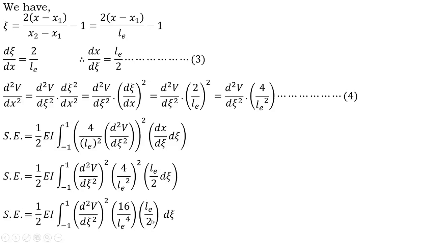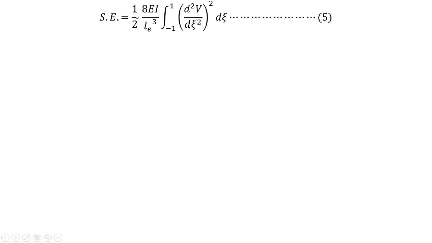By simplifying it, it becomes 8, and this le and le get cancelled, left out with le³. So therefore when I take it outside, it is 8EI/le³, 1/2 as it is. So that is what I am going to get: 1/2 into 8EI/le³ integration -1 to +1, (d²v/dζ²) whole square into dζ as it is.